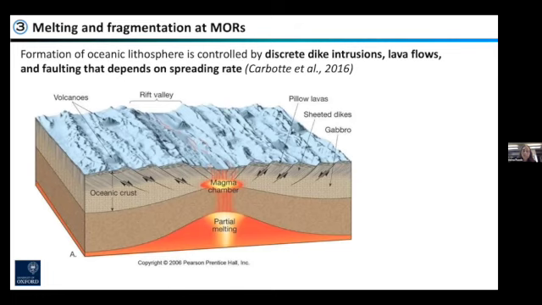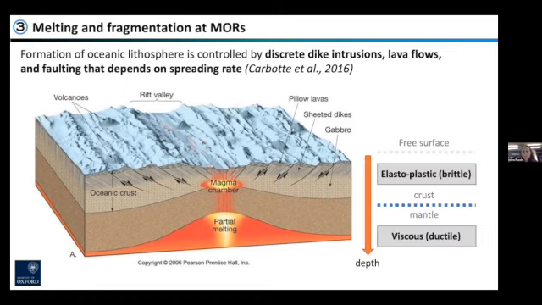And most of our observations actually come from the ocean floor and happen at the top surface. So there are lots of things happening in between, and we know that magma pathways are quite complex. We have dike intrusions, lava flows, and faulting, and they all depend on spreading rates. And it has been a challenge to model this process in a correct way.